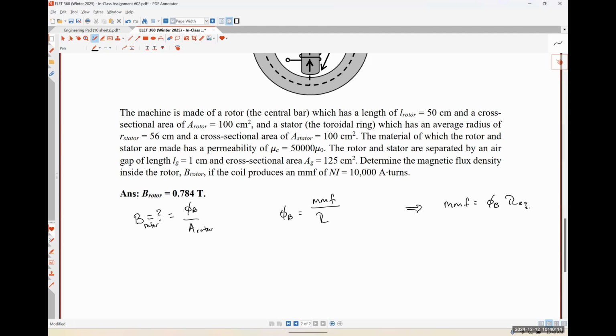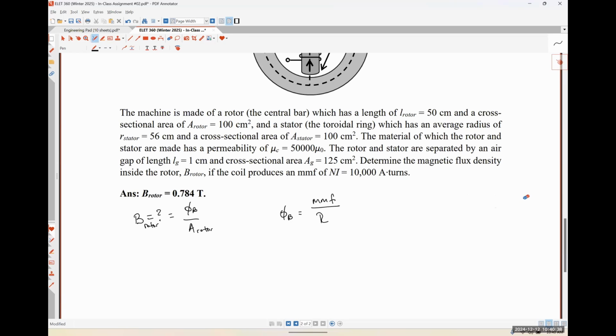This is basically our own Ohm's law. Exactly right. If I want current, I divide MMF by reluctance, or when I say current, I'm talking about the flux, because the flux is the current. MMF is the voltage and reluctance is the resistance. It's just Ohm's law. That's 100% correct.